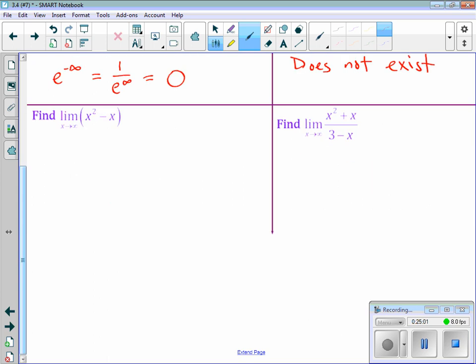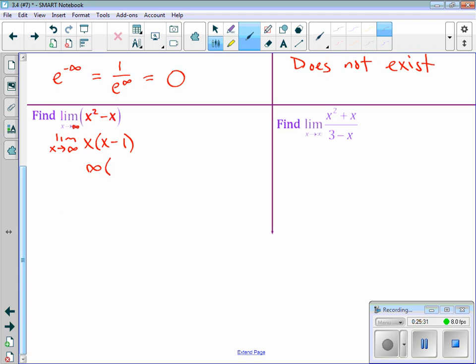Yep. Okay, let's take a look at this here. We're going to infinity. Wouldn't you get infinity minus infinity again? Okay, ideas on where to go with this? What do they both have in common? Pull out an x. If you pull out an x, you have x times x minus 1. Now if we plug in infinity, what do we get?